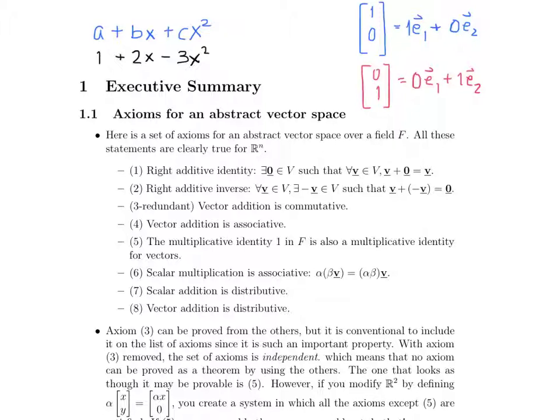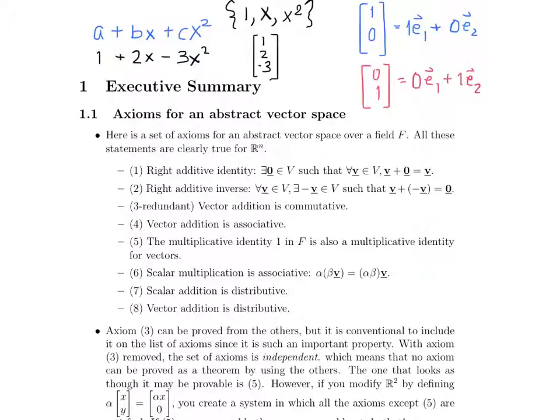Those are the three things that I need to make linear combinations with to create every single polynomial in the space. So if I was creating a vector with respect to this basis, to represent this particular polynomial, the first component would be the coefficient on 1, the second component would be the coefficient on x, and the third component would be the coefficient on x squared. I would get this vector as a result.